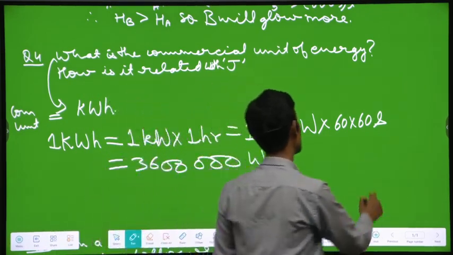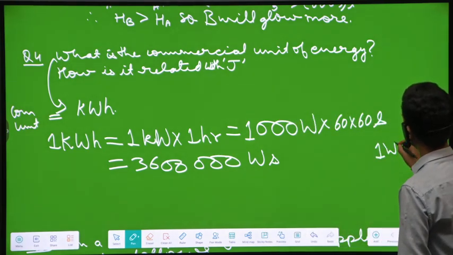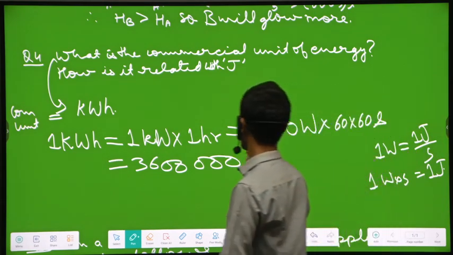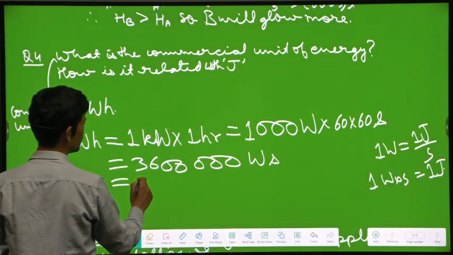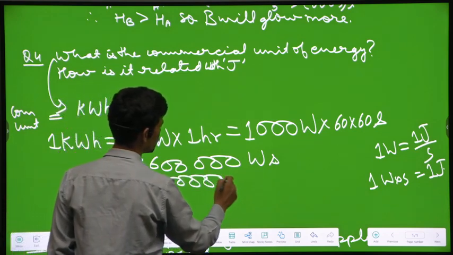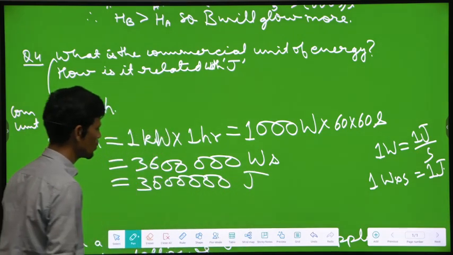Remember one thing, 1 watt is equal to 1 joule per second. So 1 watt multiplied by second is 1 joule. So this much watt second is equal to this much joule.